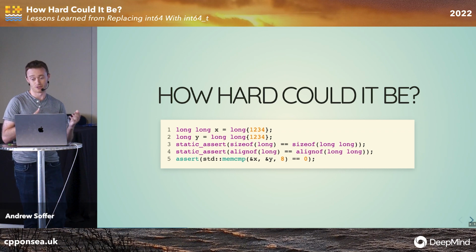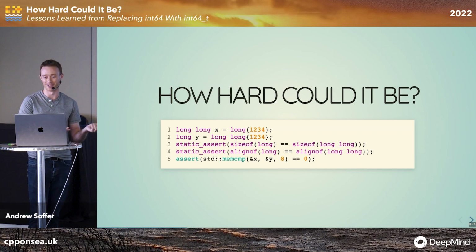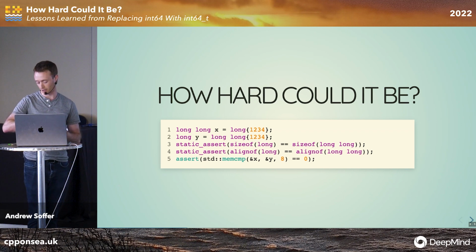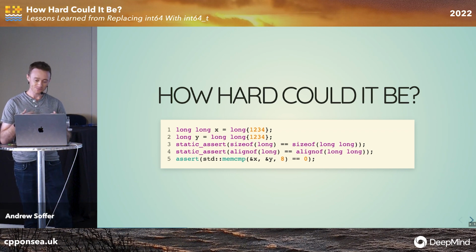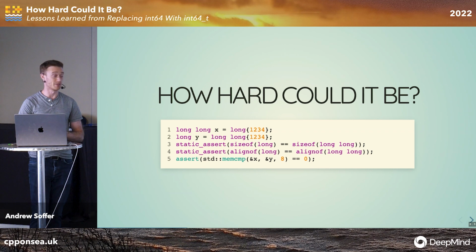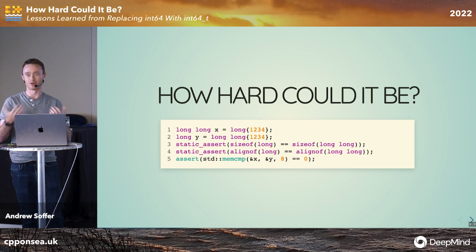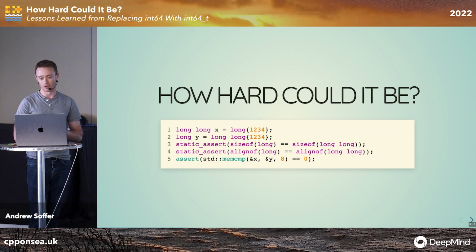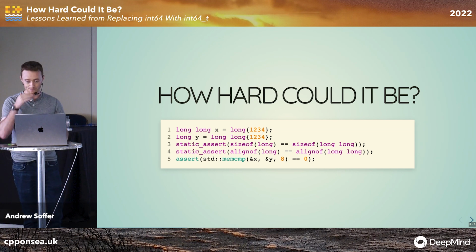So now that I've tricked you into thinking this is going to be a very easy thing and a talk that's very quick, let's go into the reasons why this is actually quite difficult. But I don't just want to tell you all of the things that are terrible and horrible and difficult. I want to actually try to learn from these experiences that we've had.